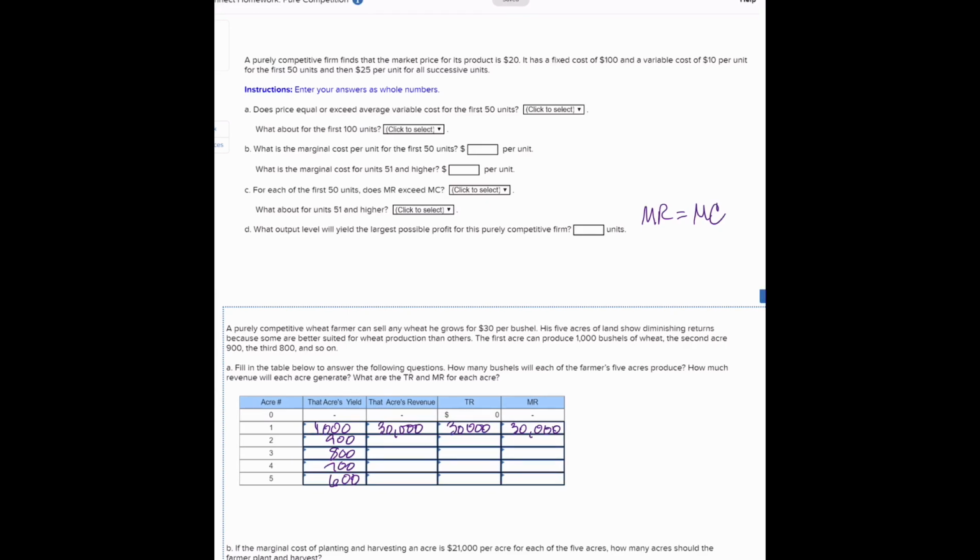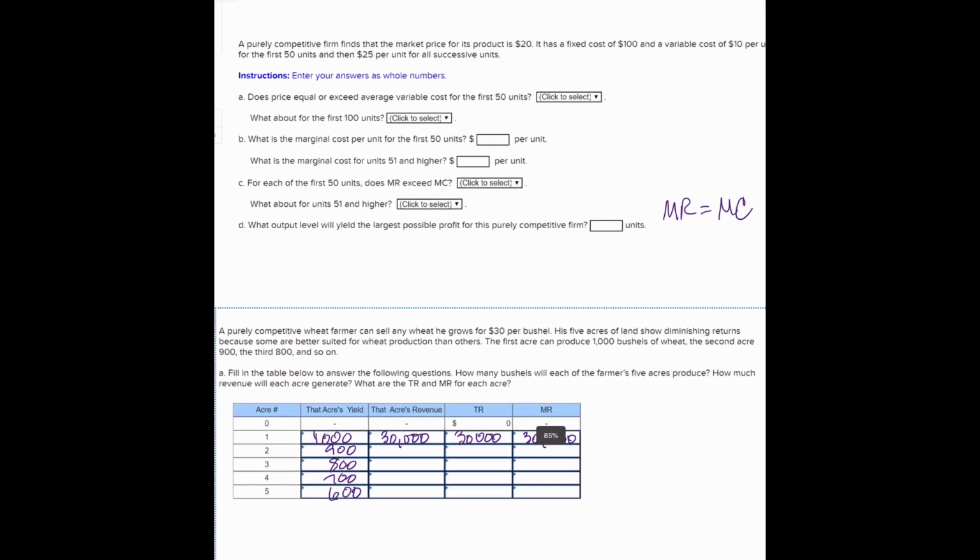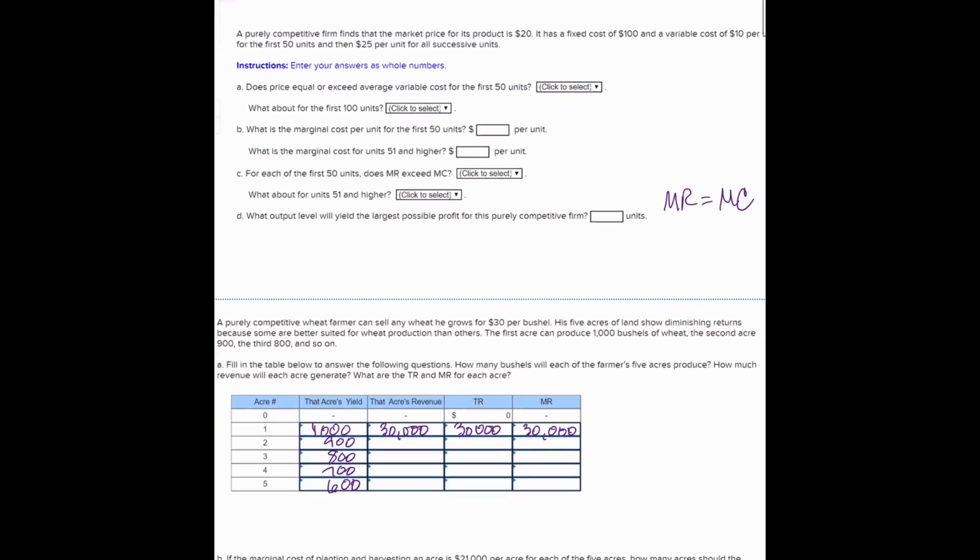So this first question says a purely competitive firm finds that the market price for its product is $20. Now, before we go too much further, what you probably remember from your reading is that the market price is the firm's price. If they are a purely competitive firm, they are a price taker, which means they take their price from the market.